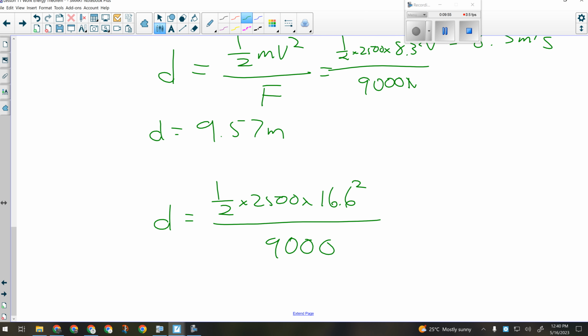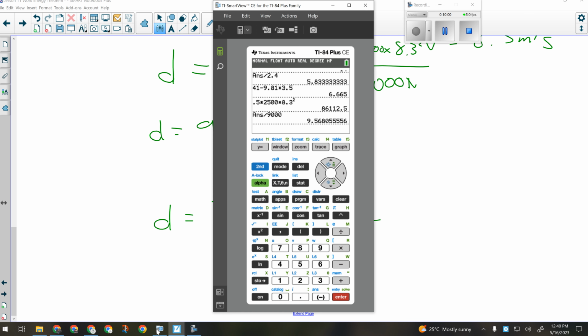It's the same truck, and it's the same amount of stopping force. Is that as predicted? That's 4 times the previous number.